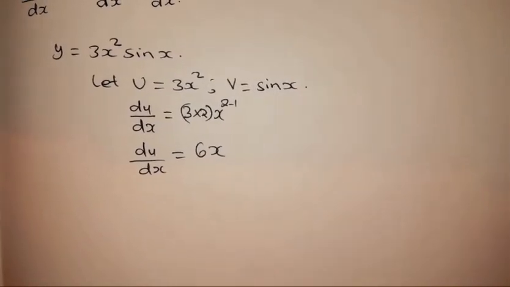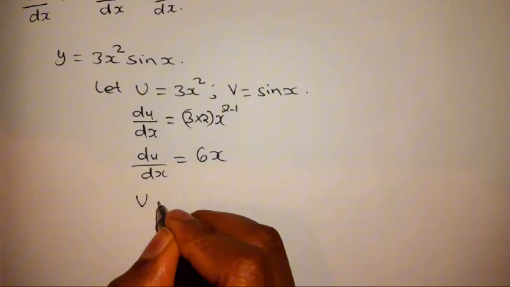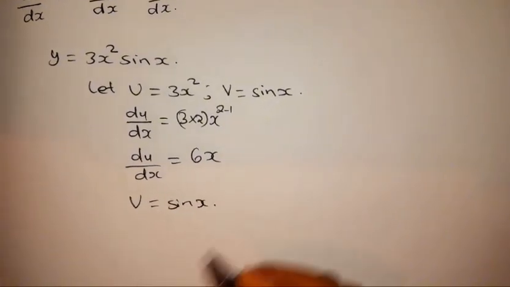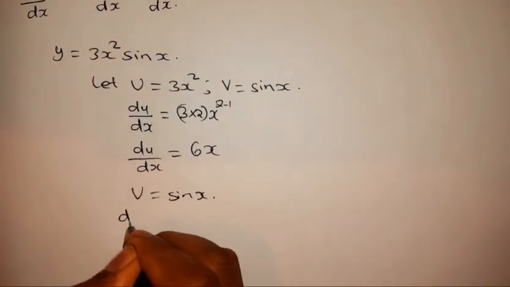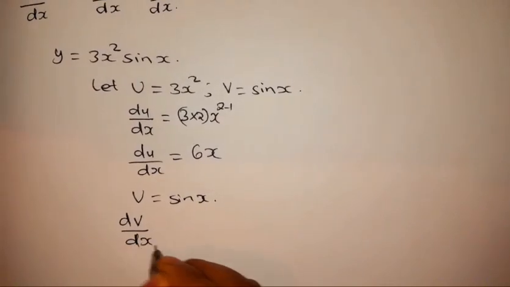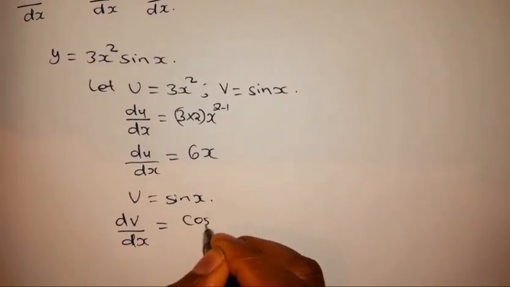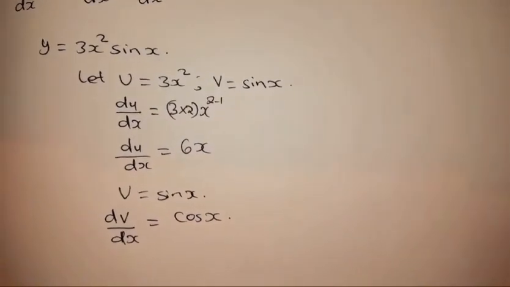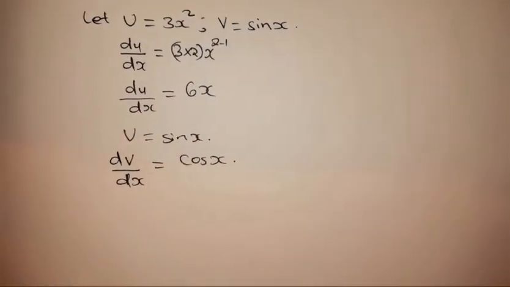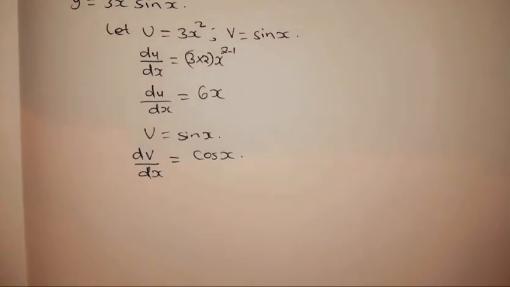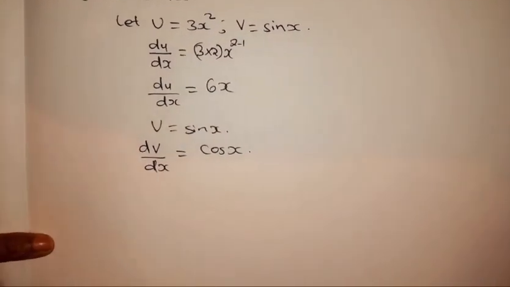For the second one, which is v equals sine x, you'll find that dv/dx is cos x. Having this, we can feed it into our formula and find the derivative of our function.